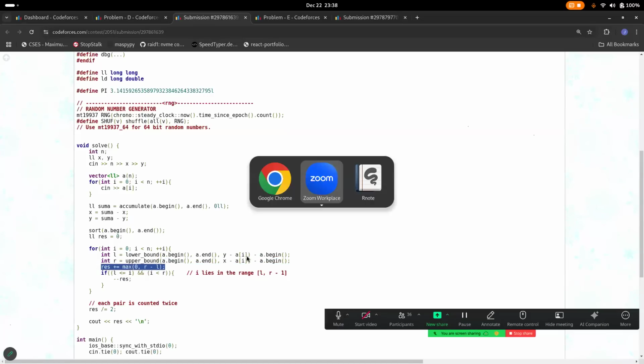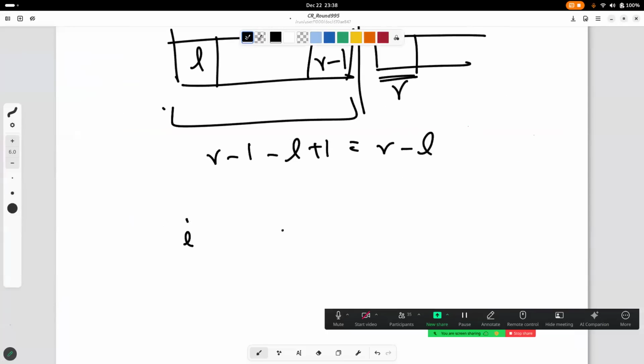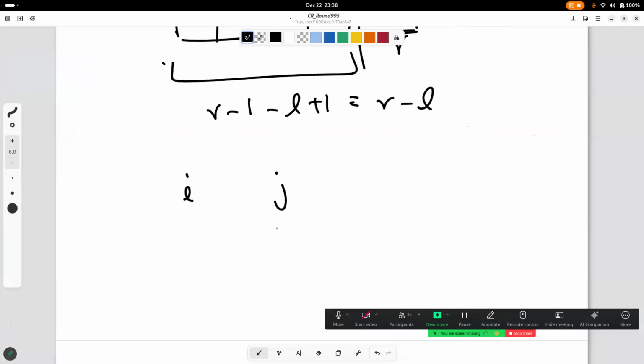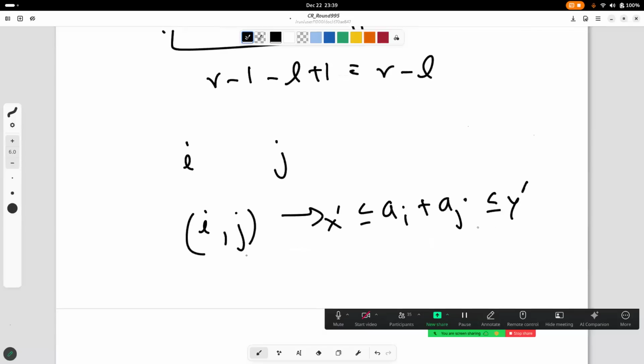So for this i, we have gotten all the corresponding j, and j is not necessarily greater than or less than i, but we have basically got all pairs i, j such that a of i plus a of j lies within the y dash to x dash range.